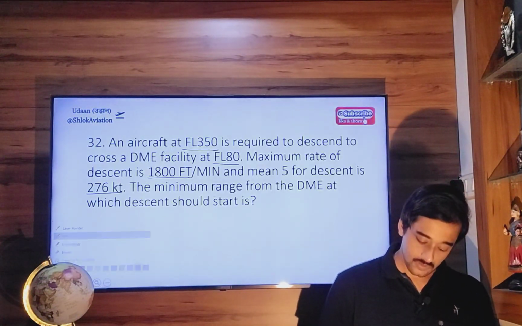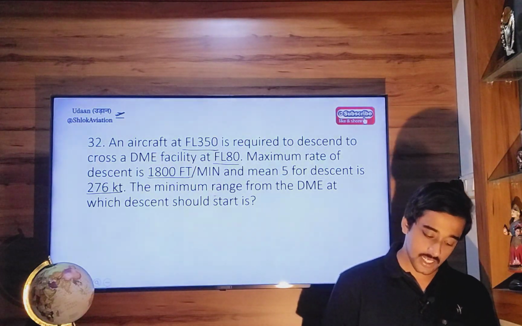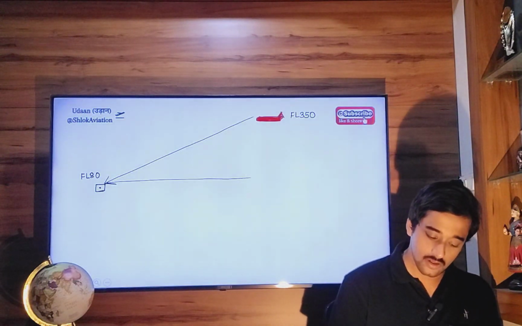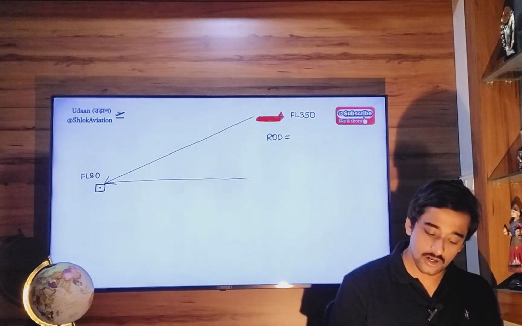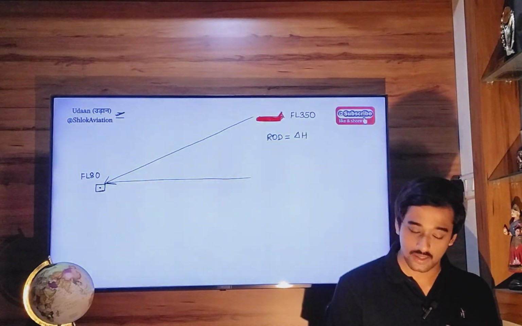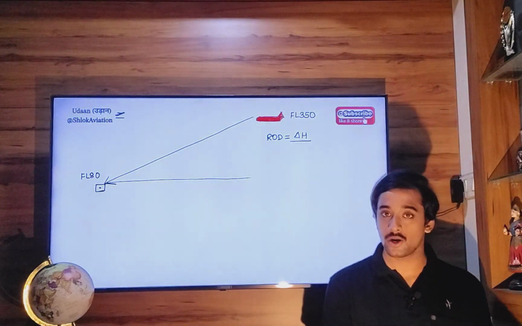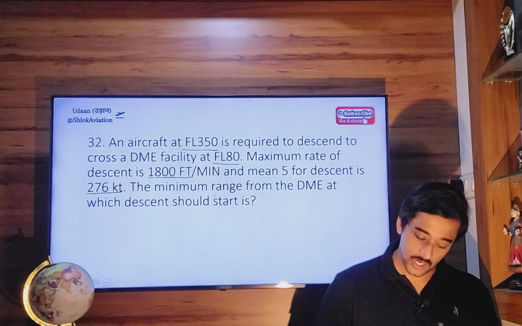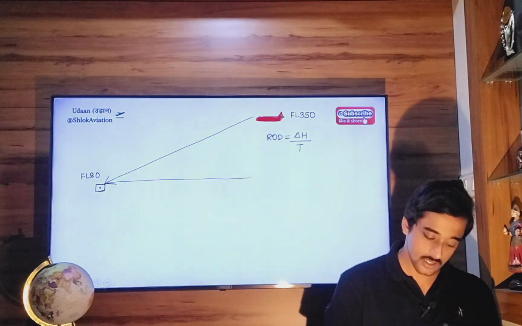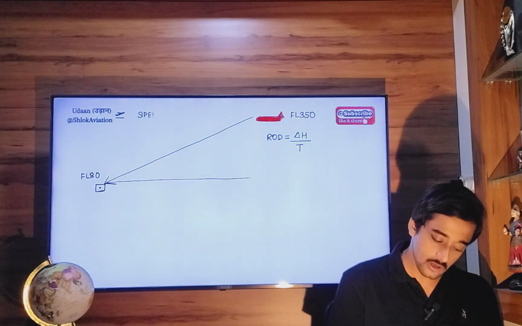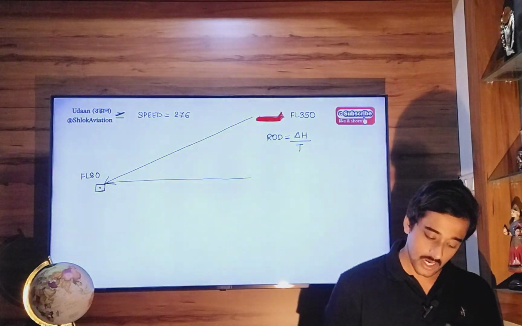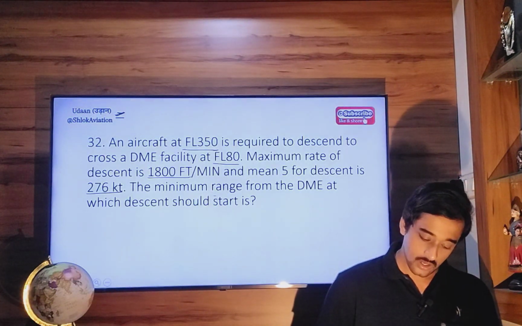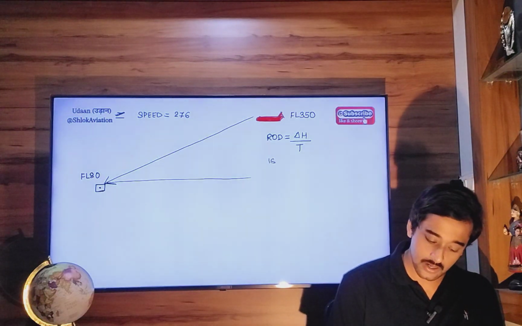Now, rate of descent is equal to the change in height made during your descent divided by the time taken. What is the speed of your aircraft? 276 knots. Rate of descent equals 1800 feet per minute.